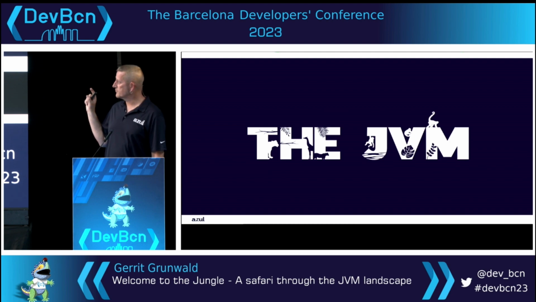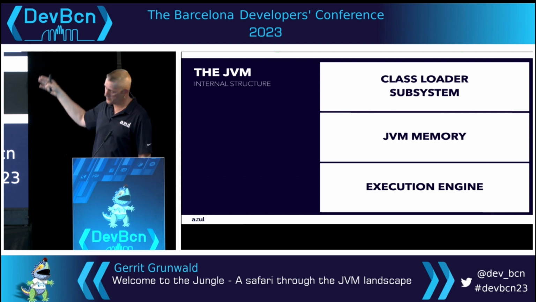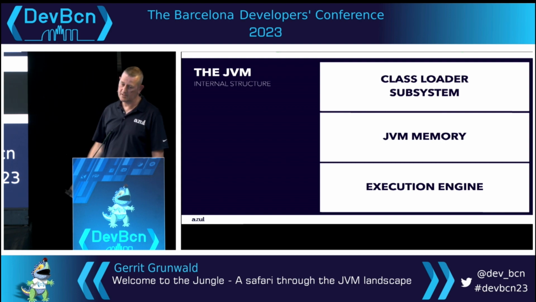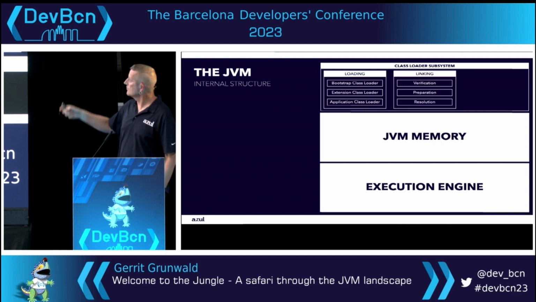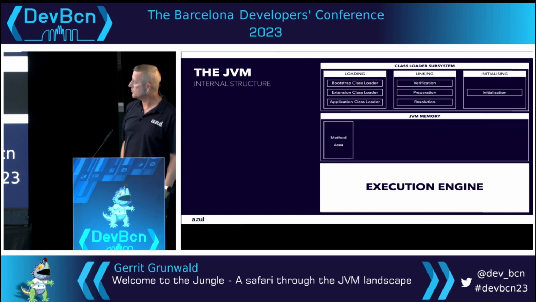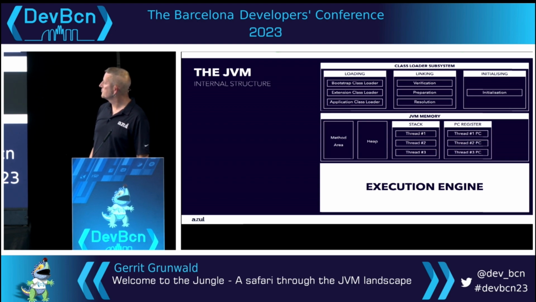And to explain that, we have to take a look at how the JVM works, because it contains 3 different systems: the class loader subsystem, the JVM memory, and the execution engine. The class loader subsystem, again, has different parts like loading, linking, and initialization, and then we have the JVM memory, where we have the method area, heap, the stack, the PC register, and then the native method stack.